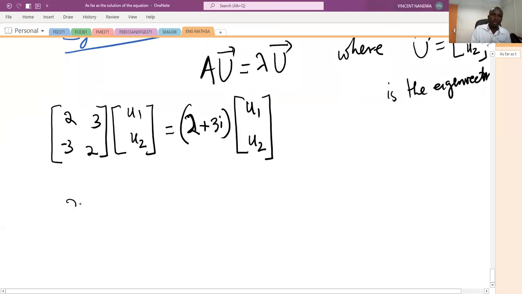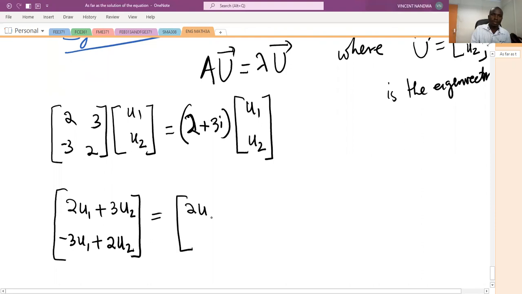You have 2u1 plus 3u2, minus 3u1 plus 2u2, equals 2u1 plus 3u1i, 2u2 plus 3u2i. I've simply multiplied this by every element in this vector.